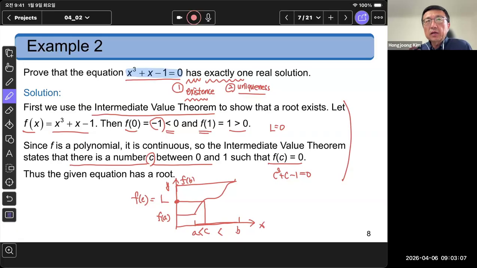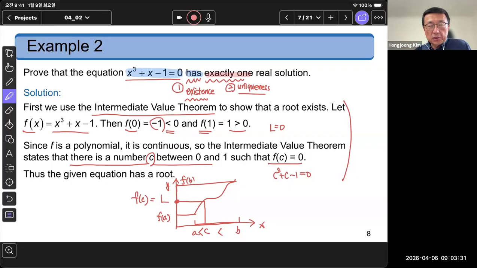First, that it has a solution, and secondly, that the solution is exactly one. The solution is unique. So we want to prove the existence corresponding to "has," and then secondly, we want to prove the uniqueness corresponding to "exactly one." So we want to consider these two topics.